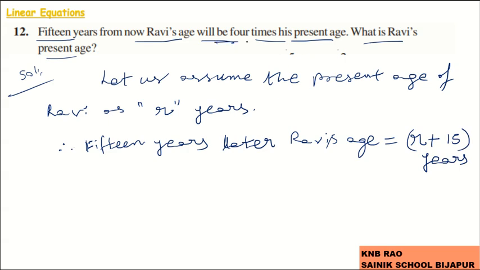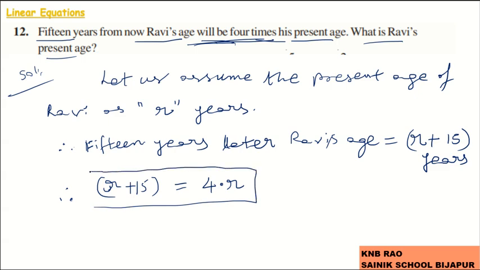Now, it clearly says that 15 years later, whatever is the present age, to that it is 4 times. That means 4 into present age r equals r plus 15. Now, this is the equation we have formed. Solving this will give you the present age of Ravi.